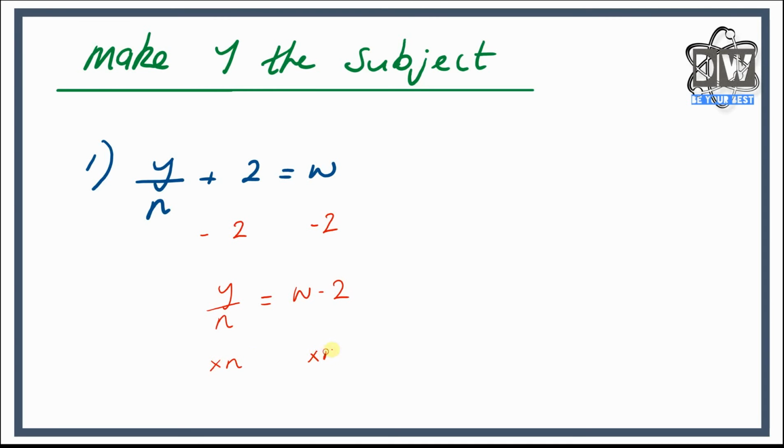We're going to times the whole lot by n, right? So that means we've got y equals, and we can leave n on the outside, and put w minus 2. We could go a little bit further and multiply out of the brackets and go y equals nw minus 2n, but I'm going to leave it there for now.